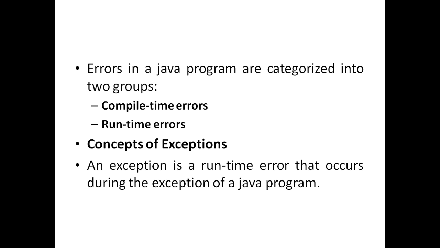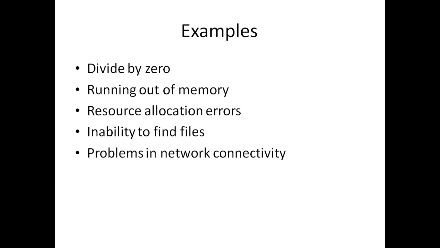Another kind of error which occurs in a Java program is called a runtime error. Runtime errors are also called logical errors. These logical errors are nothing but a mistake made in the code of the program. So an exception can be defined as a runtime error that occurs during the execution of a Java program.